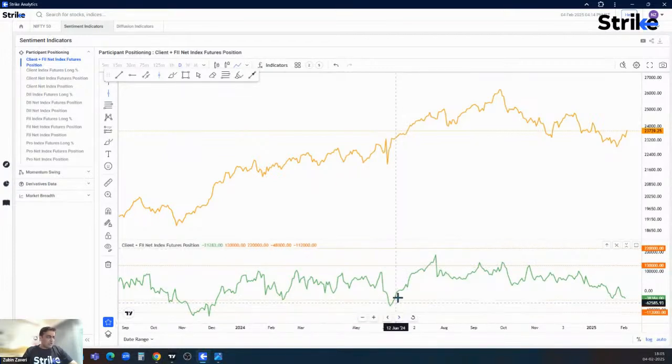At the bottom, this is called the oversold region, and these horizontal lines over here are called the overbought region. So they are basically extreme readings, and whenever there is an extreme reading in any particular indicator, there is a change in the direction of the market trend.